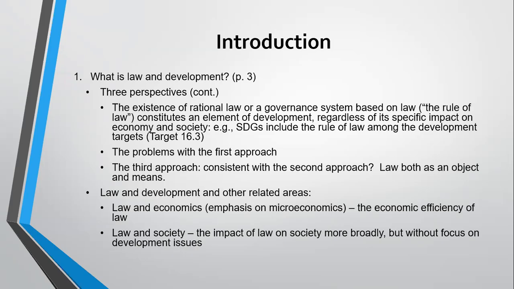So in this perspective, the development of law or the rule of law in itself is a development object, whether or not the law so developed actually improves the economy or meets other social development objectives. The law in itself, the rule of law in itself, in this approach, is development.